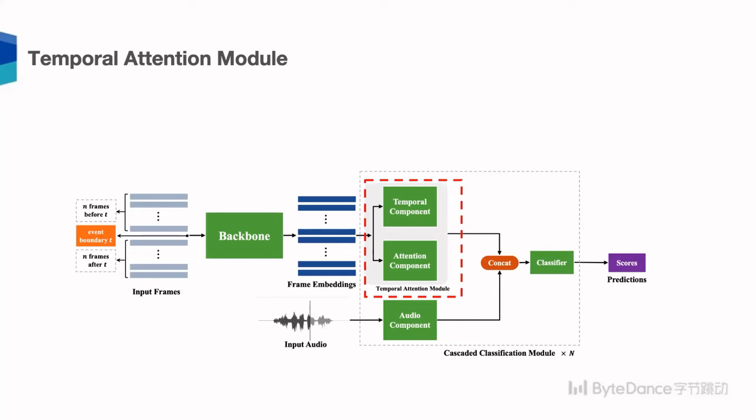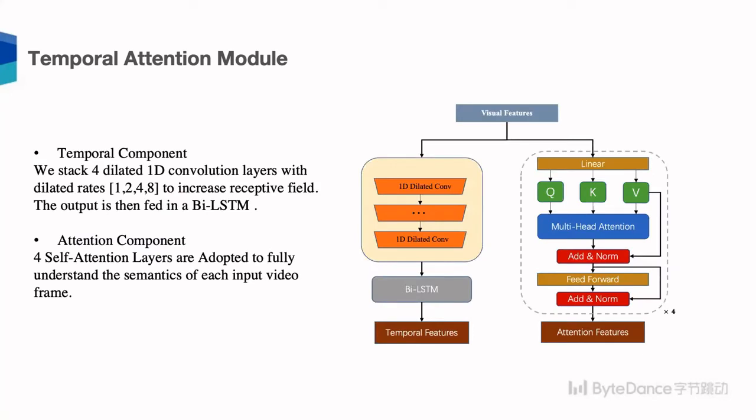Thirdly, I will introduce our temporal attention model. Our temporal attention model consists of a temporal component and an attention component. The temporal component is responsible for extracting temporal context information, and the attention component is responsible for understanding the semantics of each input video frame.